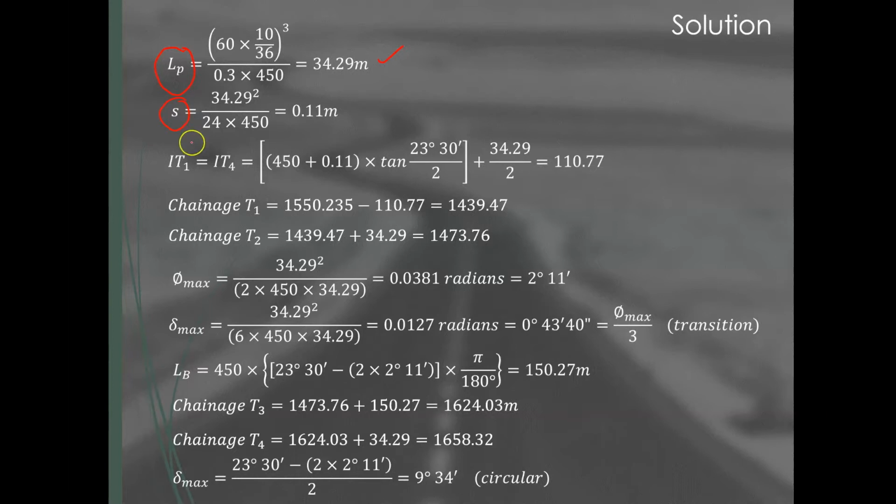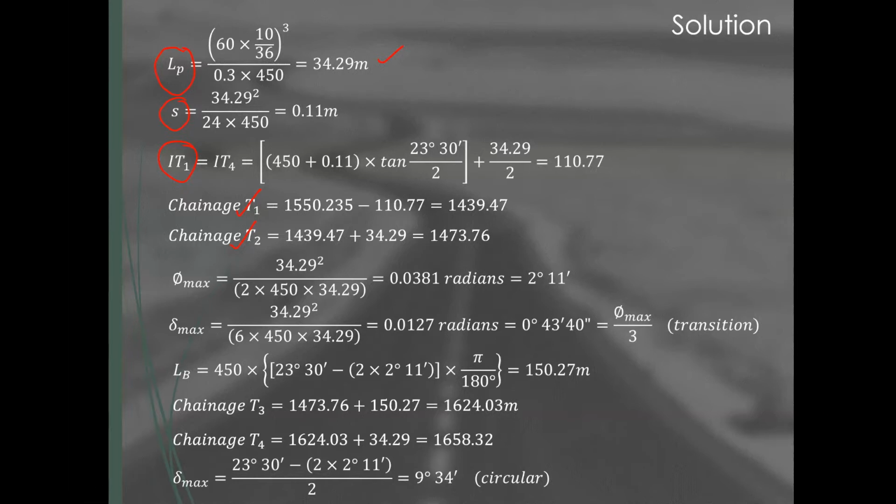Then the tangent length, meaning the tangent length of the combined curve. The chainages: T1, the first tangent point, and T2, the second tangent point, which also serves as a common tangent point between the transition and the circular.